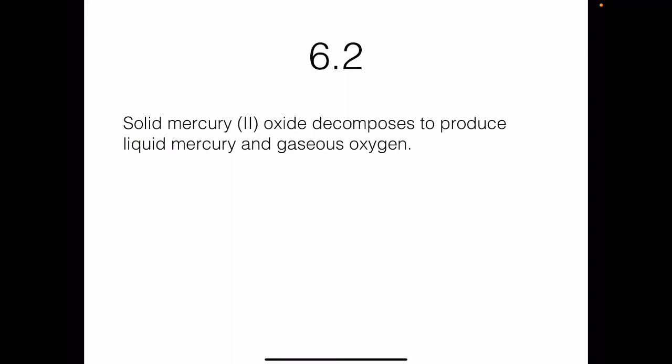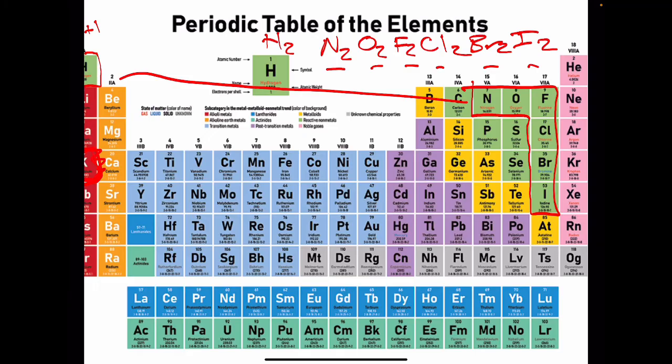Solid mercury(II) oxide is the first thing that we have to represent. Mercury, we know from the table, is Hg. The II means it has a +2 charge, and oxide means oxygen, and we know from oxygen's position on the table right here that it has a -2 charge.